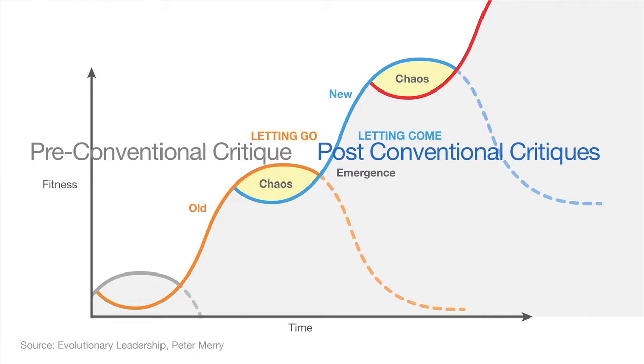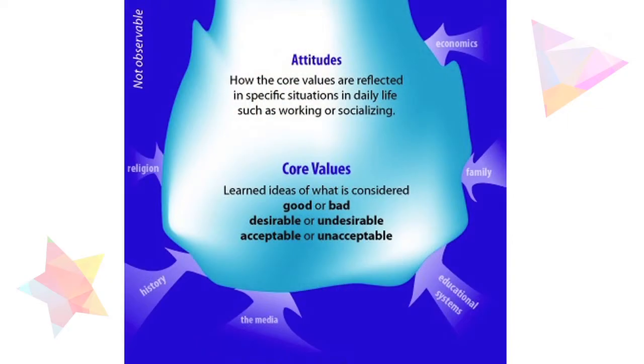But if we draw in the pre-conventional, it'll really start confusing things and drag us down, and there'll be a lot of resistance to moving because people will feel, well, we've been there before. This is a less informed and complex critique of where we are than a post-conventional, and it all starts to get muddled up together. And at the same time, all of these things that are under the surface of the iceberg are playing a role.